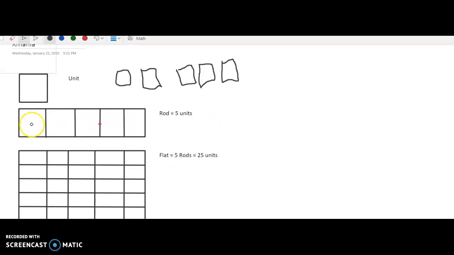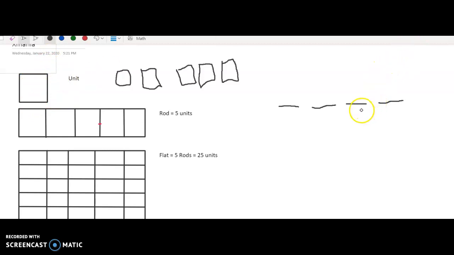The next unit of measure is the rod. And the rod shows up in a place value. So we have in this new number system 4 place values. The first one is this unit, that small cube that was left.